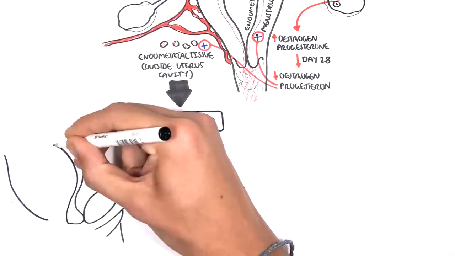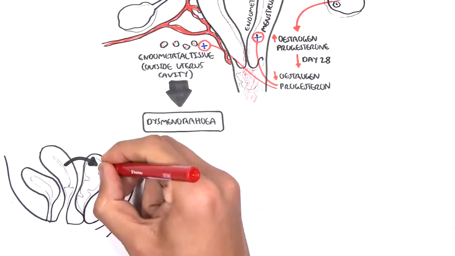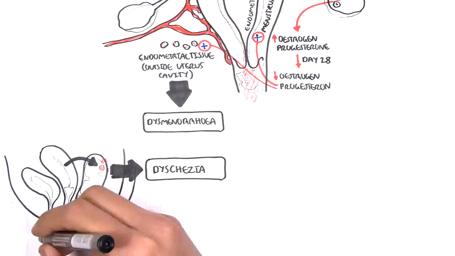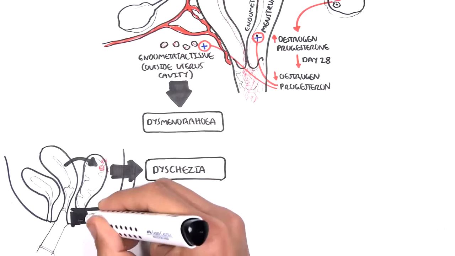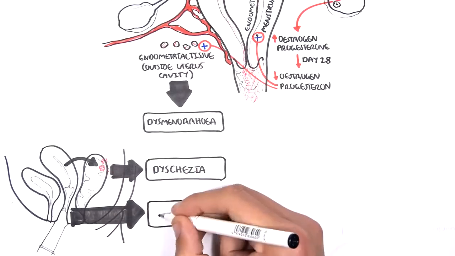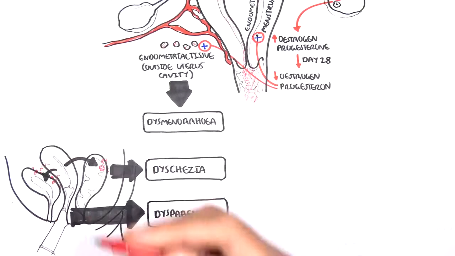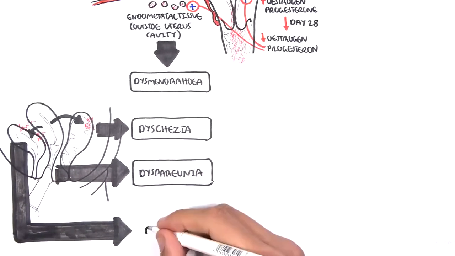If the ectopic endometrial tissue is on the bowel or the rectum, it can cause dyschezia during periods. Endometriosis can also cause dyspareunia because of the sensitive genital tract. And if the endometrial tissue is present on the bladder, for example, it can cause dysuria. Just remember the 4 Ds.